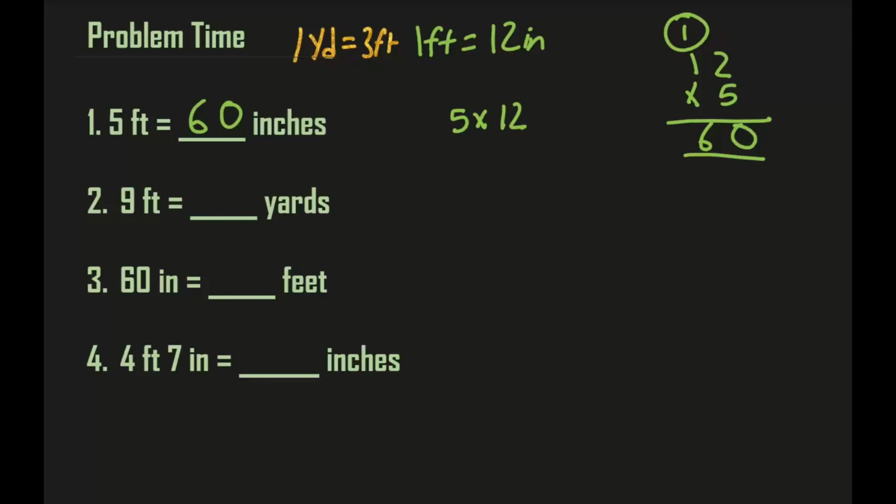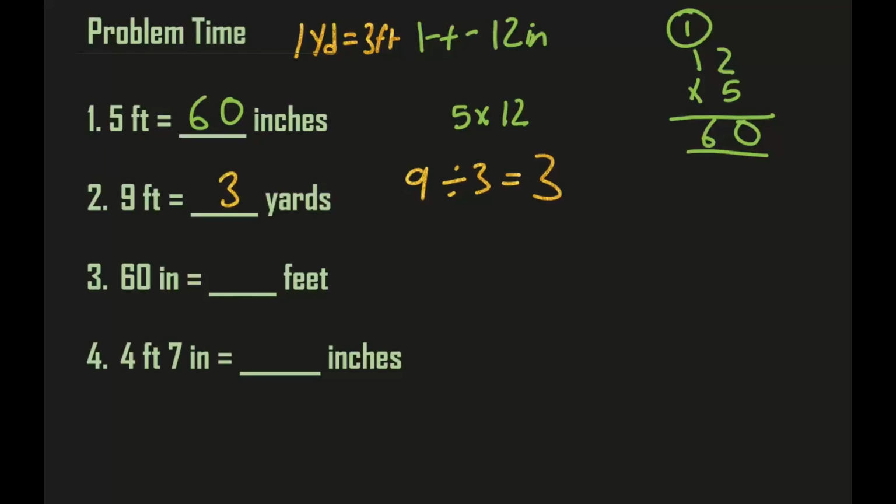So again, because we know 3 feet is 1 yard, all we're going to do is divide. We'll do 9 divided by 3. 9 divided by 3 equals 3. So 9 feet is 3 yards. That's simple. Okay, so now we're going to do our third problem.